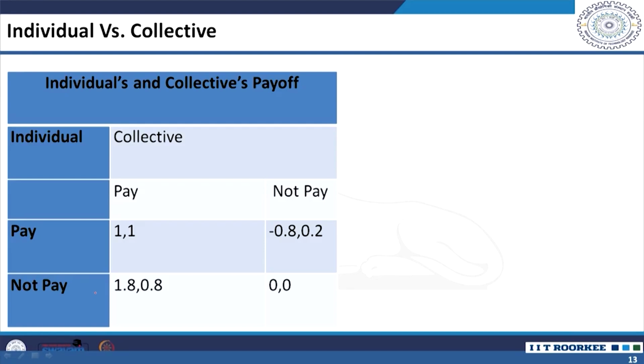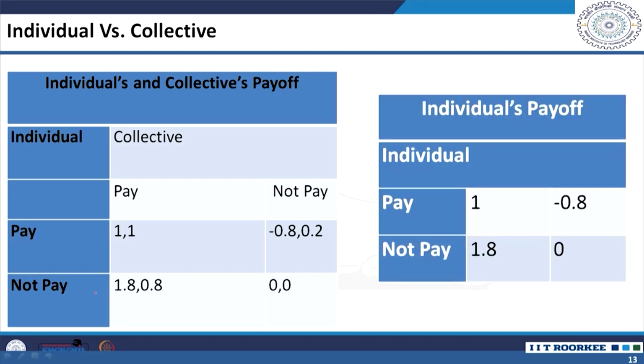What will their strategies be, whether they will be likely to pay or not to pay, so far as the individual is concerned and so far as the collective group is concerned.